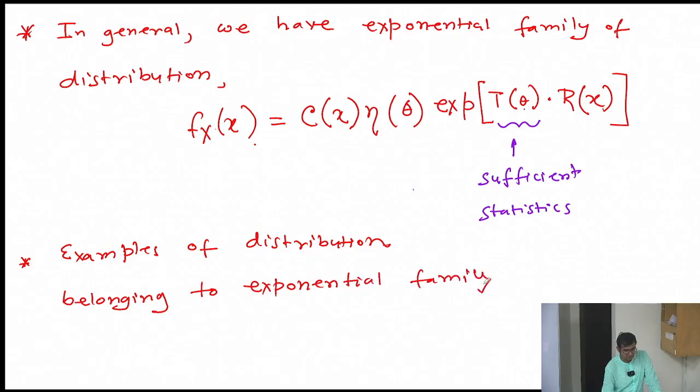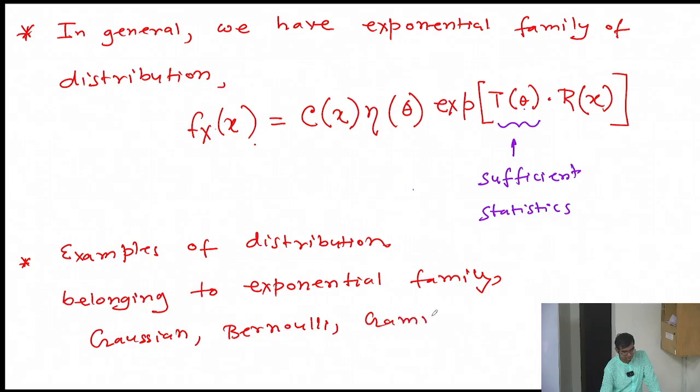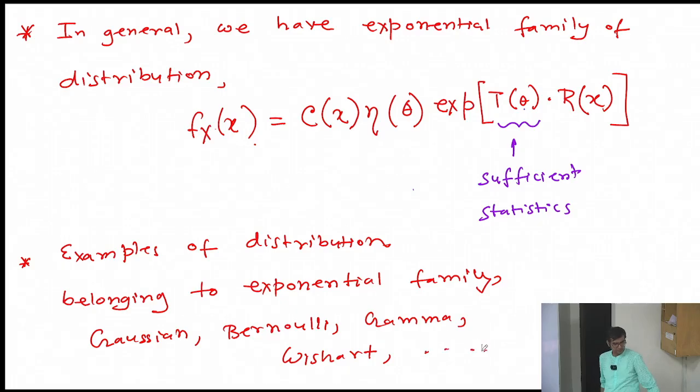If you have to write down, then they are Gaussian, Bernoulli, gamma, Wishart, and there are many more. Okay. So let us take the Gaussian one and let us try to see how we can rearrange the Gaussian PDF such that it falls in this exponential family. Okay.